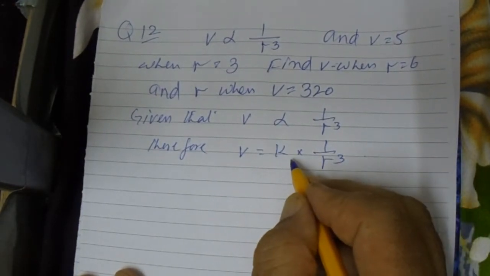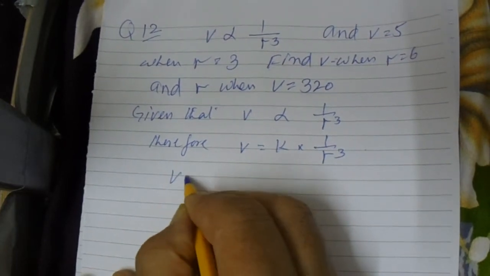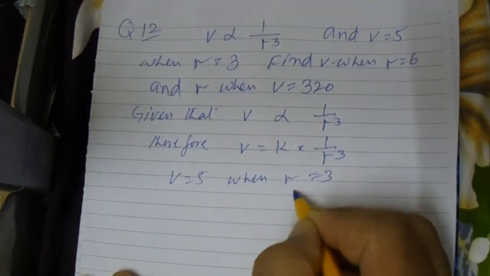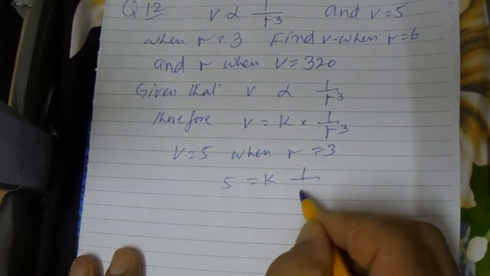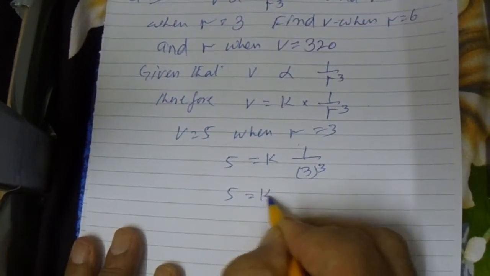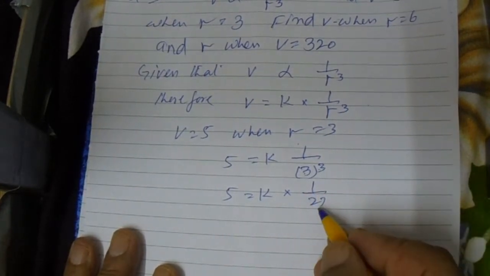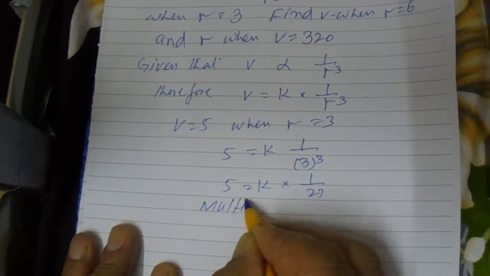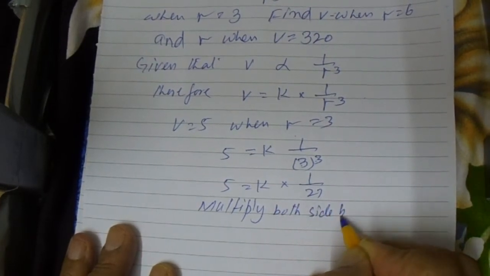Now we find the value of k when V is equal to 5 when R is equal to 3. So put this value here. 5 is equal to k multiplied by 1 over 3 to the power 3, and 5 is equal to k multiplied by 1 over 27. Now 3 to the power 3 is 27. Now here multiply both sides by 27.